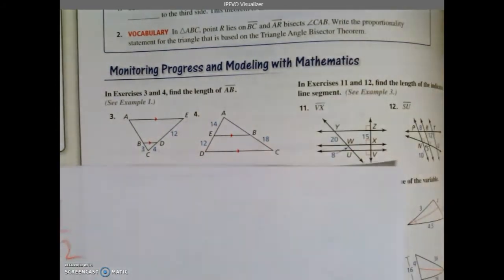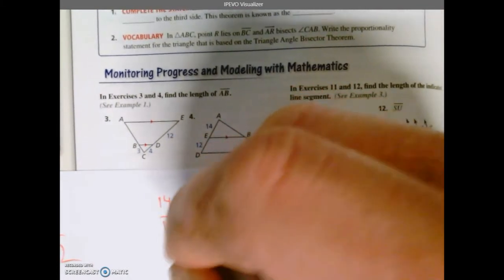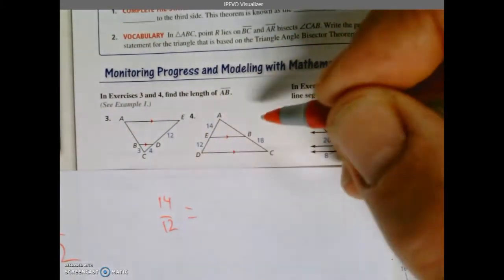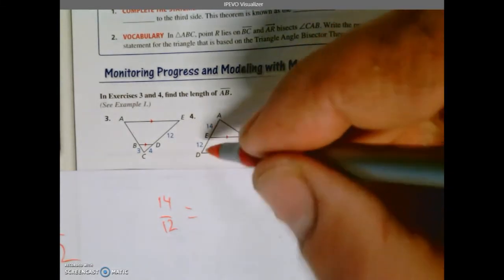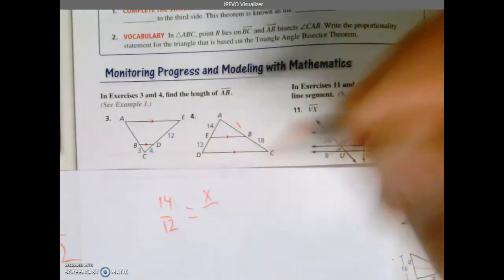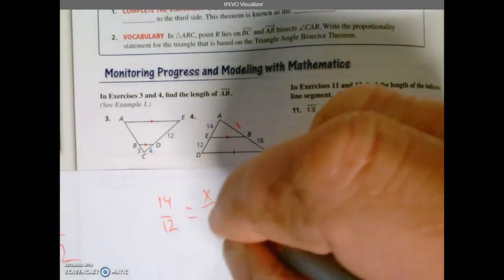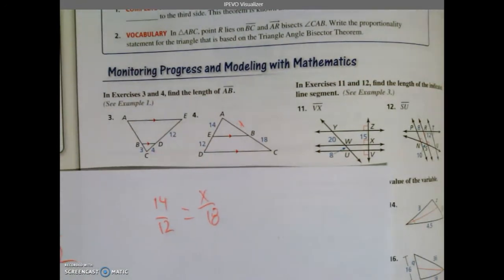Let me just help you set up number 4. We won't solve it, but I'll help you set it up. It can go 14 over 12. We went 14 first, the top parts first. So 14 to 12 is the same as x over 18. Then cross multiply and solve.